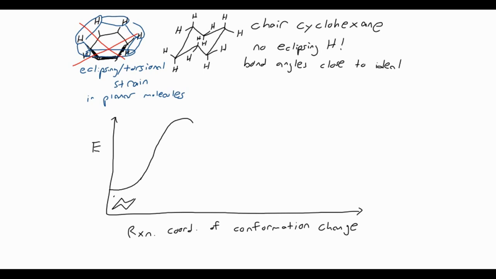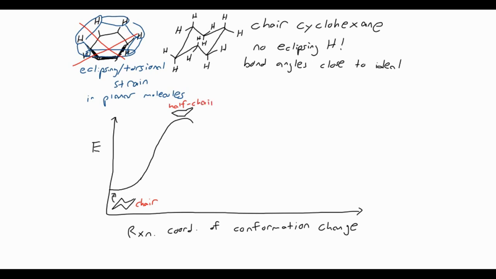If we imagine moving this carbon up, then we get something like this, where we get 5 carbon atoms in the plane and 1 out of the plane. So you can imagine that's going to be very unstable. We have 5 sets of eclipsing hydrogens. So this is going to be our chair down here, and the half chair.